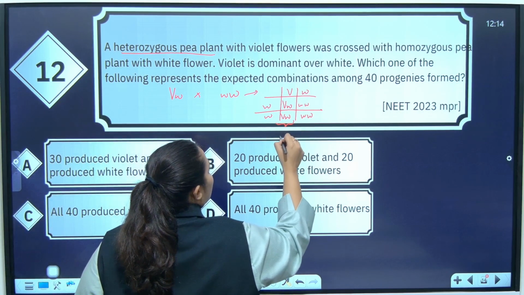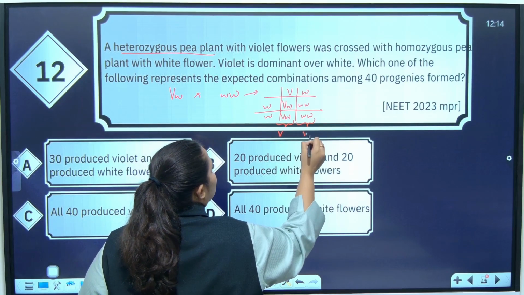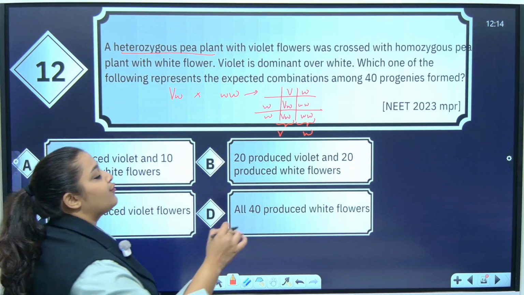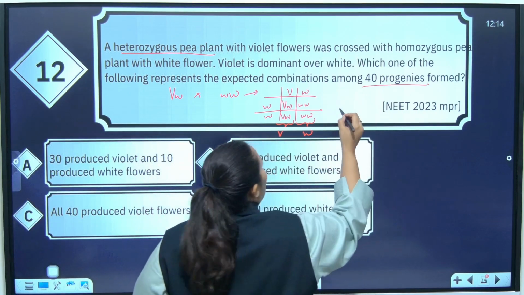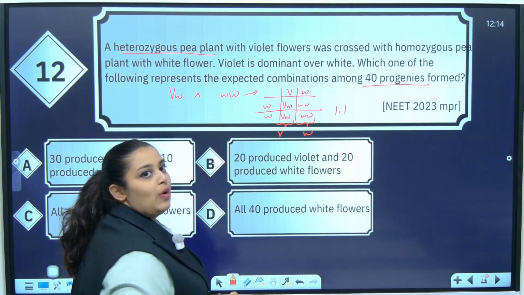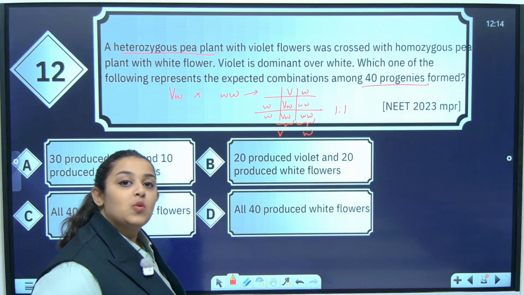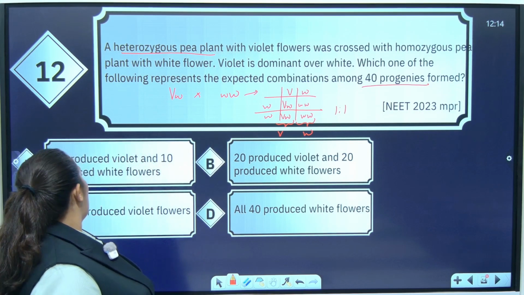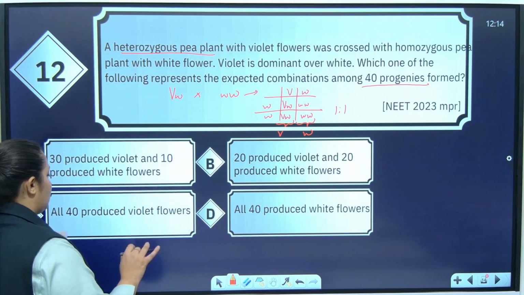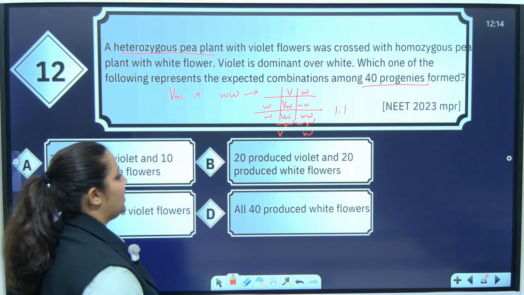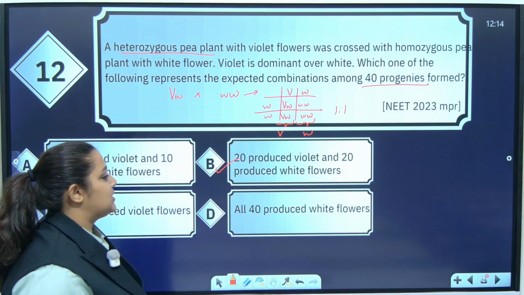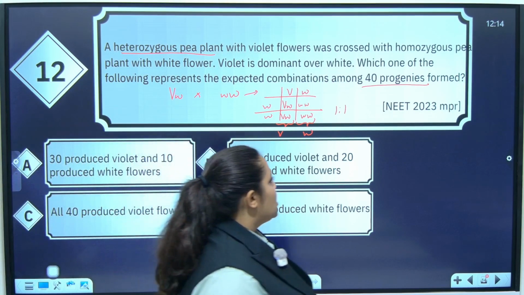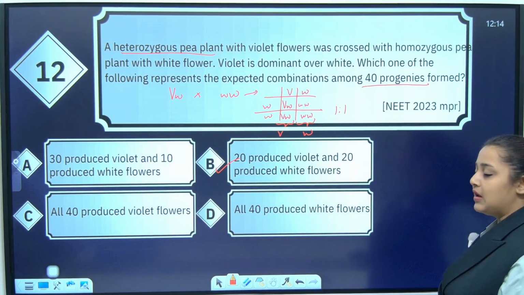So these are going to be violet and these are going to be white. So you have a total of 40 progenies formed and the ratio here is 1:1. So you have equal numbers of both types of progenies. So 30:10, no, all 40 cannot be violet; 20 are violet and 20 are white, and all 40 white is not possible. So the option is B over here.